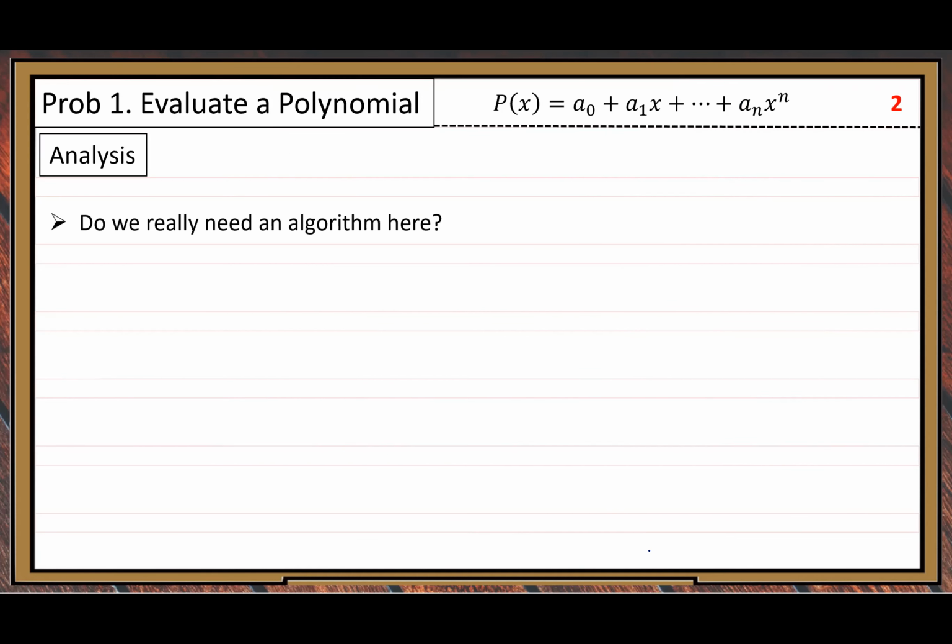We would like to do some analysis on this algorithm efficiency. We try to get more information. The first question, do we need an algorithm here? Because this problem is so easy. Everybody knows how to do multiplications, how to do additions. Why do we need some fancy algorithm?